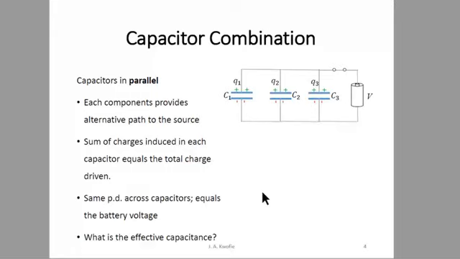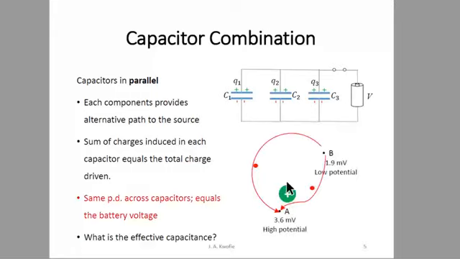Then, I think I need to illustrate what I mean by the same potential. What I mean is, if an electron is moving from one potential point to the other, it doesn't matter which path it takes, the potential difference will remain the same.